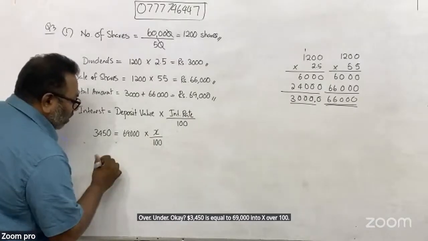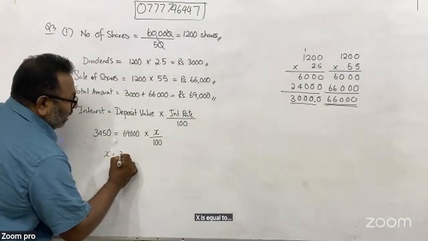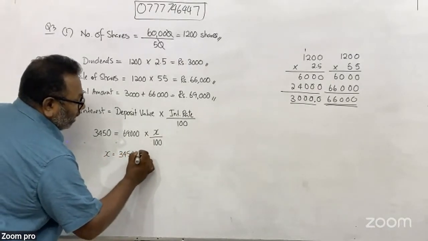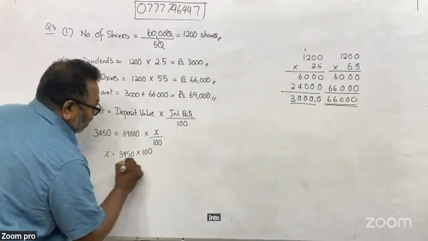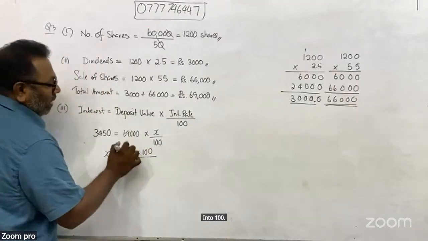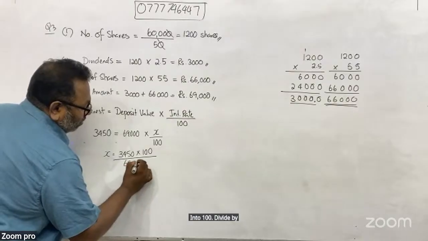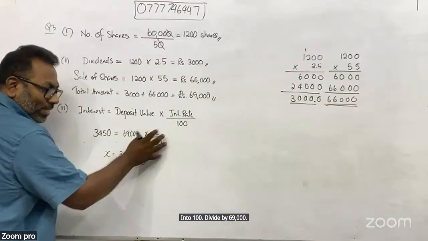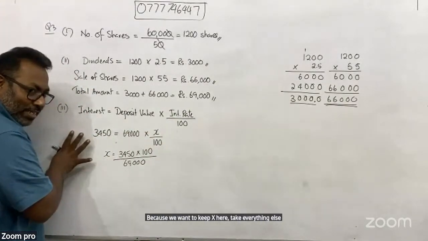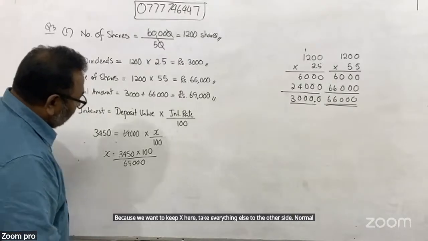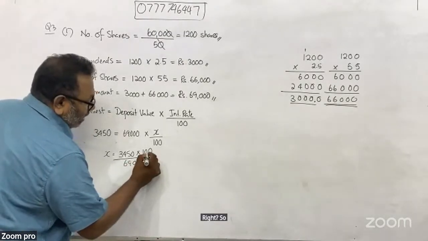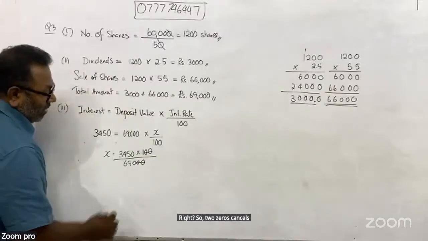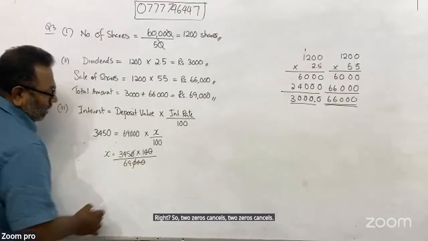X is equal to 3,450 into 100 divided by 69,000. Because we want to keep X here, take everything else to the other side. Normal equation, right? So 2 zeros cancel, 2 zeros cancel, this 0 and this cancel.